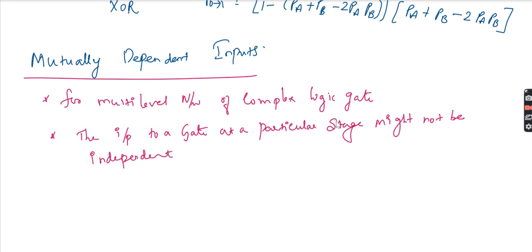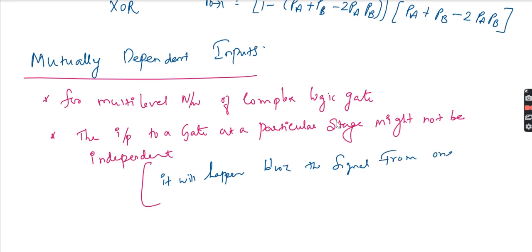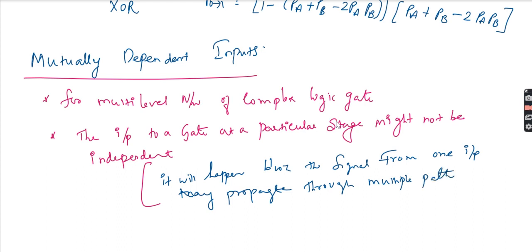When will this happen? This will happen because the signal from one input may propagate through multiple paths and again recombine.